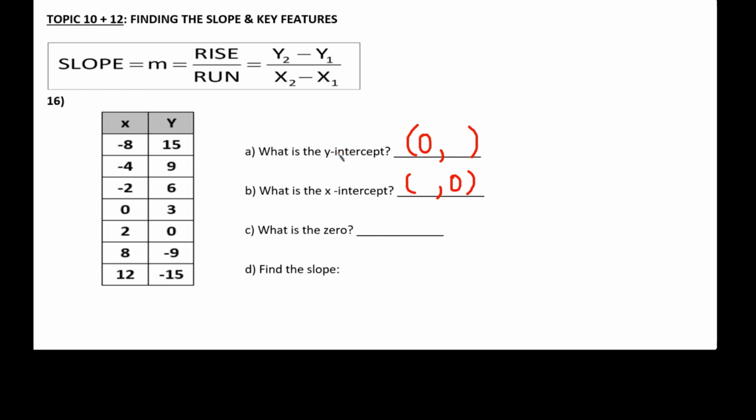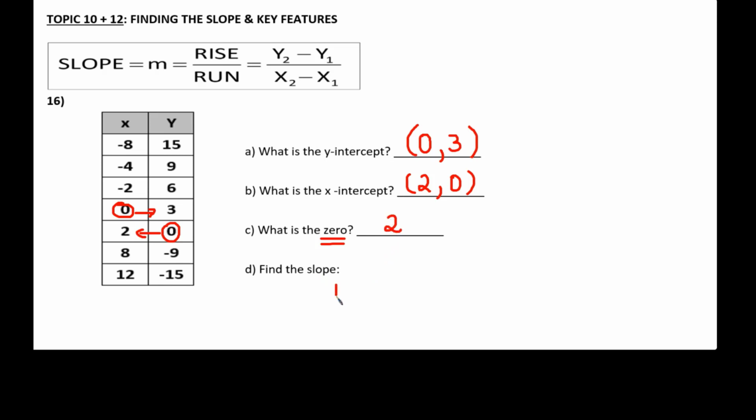So if I'm looking for the Y-intercept, I look for the 0 here, and I notice that the Y-intercept is 3. The same way for the X-intercept, I look for 0 right here, and I'll find that it is number 2. Now the 0 means the X-coordinate of the X-intercept, so that would be 2.